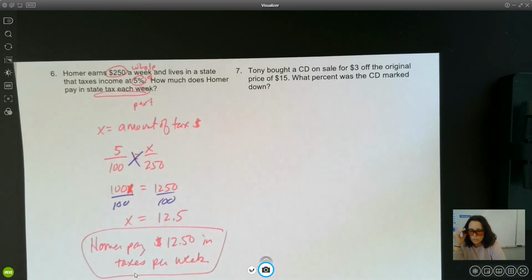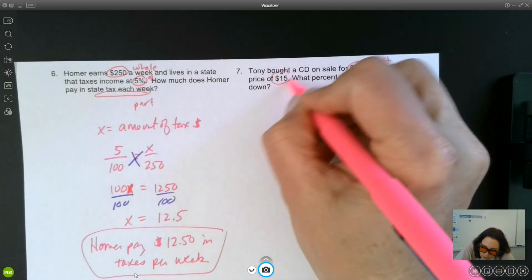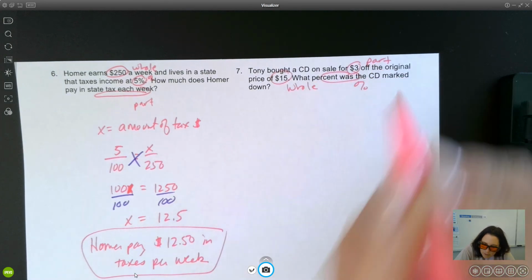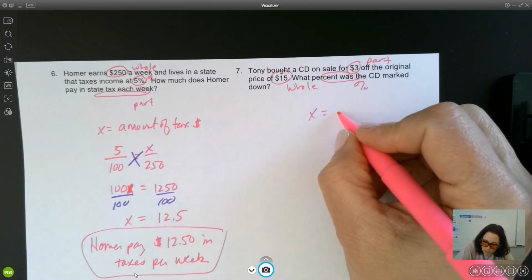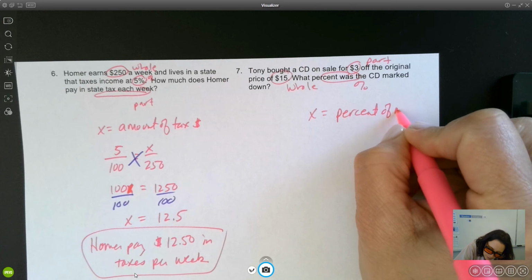Number 7, Tony bought a CD on sale for $3 off the original price of 15 bucks. What percent was the CD marked down? All right, this is the part. This is the whole. And we're looking for the percent. Okay, so X equals the percent of markdown.